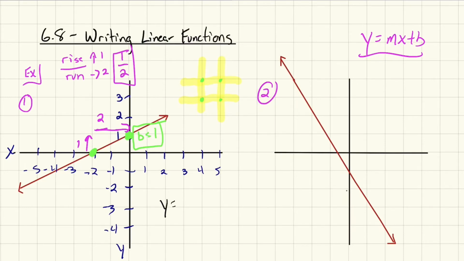Y equals 1/2 x plus 1. So, it's not super complicated to find the equation. It's just being able to count and calculate your slope, and then also being able to find your y-intercept.